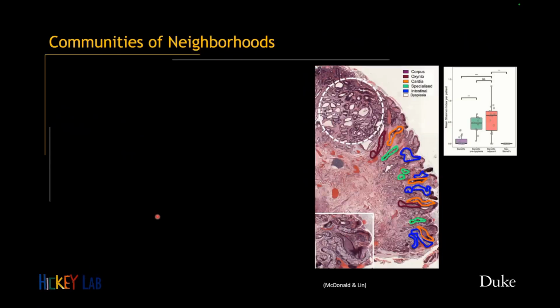So one of the things our collaborators also found was that they looked at different pathologically defined glands that develop, or epithelial characteristics that develop in the course of this disease. And what they found was that the more diverse this ecosystem of glands, the greater risk for someone.